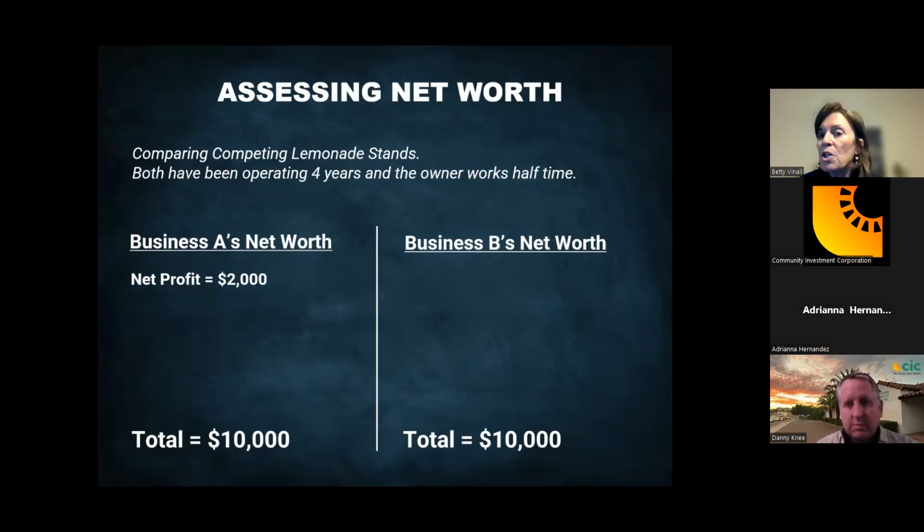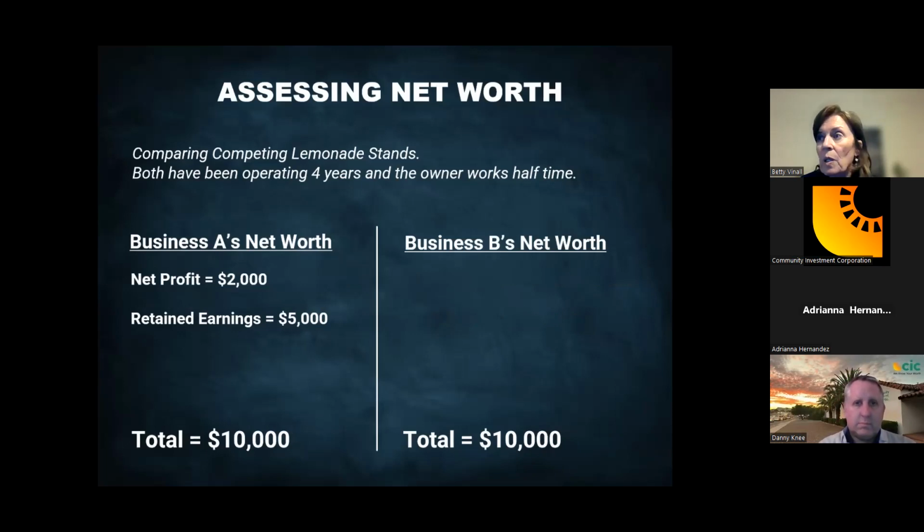Now we're going to start building the equity section of the net worth. So business A had a net profit in the current year of $2,000. The retained earnings are $5,000.